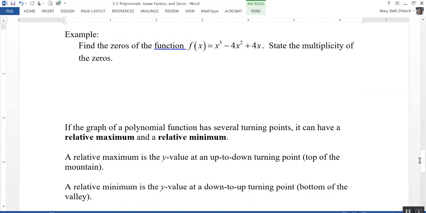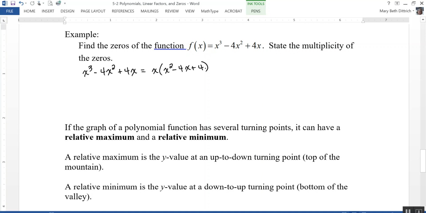So this example says find all of the zeros of the function f of x equals x cubed minus 4x squared plus 4x and state the multiplicity of the zeros. So the first thing I would like to do is factor that, x cubed minus 4x squared plus 4x. Taking out a greatest common factor, I get x times the quantity x squared minus 4x plus 4.